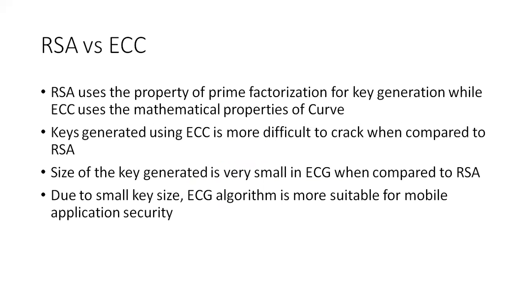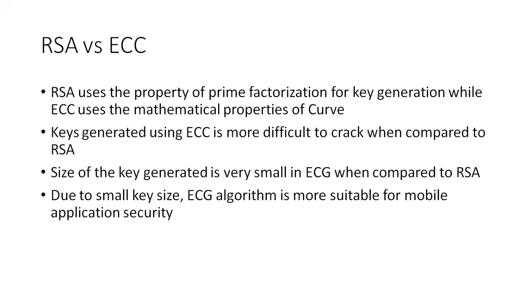Let us discuss a few differences between the RSA algorithm and ECC. RSA uses the property of prime factorization for generation of keys, while ECC uses the mathematical property of elliptical curves. The RSA algorithm assumes that getting a huge number by multiplying its prime factors is easier than dividing the number into its prime factors.